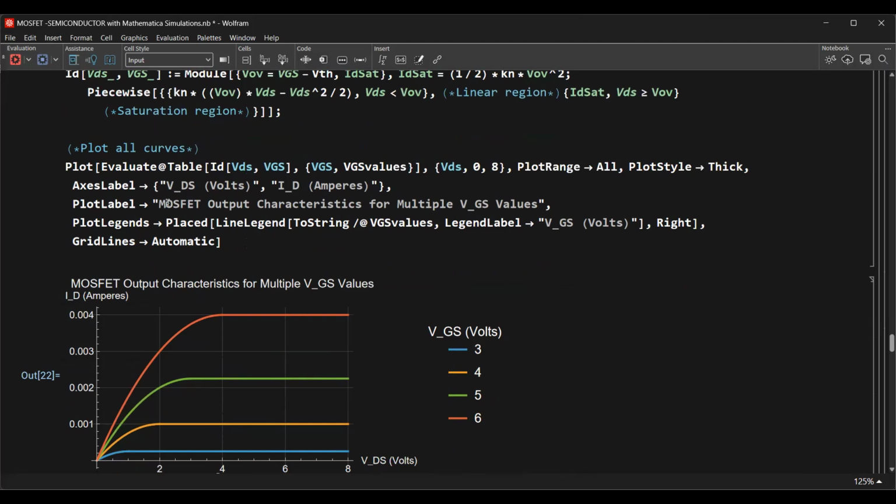Axis labels: VDS in volts, and drain current in amperes. Plot label: MOSFET output characteristic for multiple VGS values. In plot legends, place line legends as strings of the VGS values, 3, 4, 5, 6. And grid lines automatic.